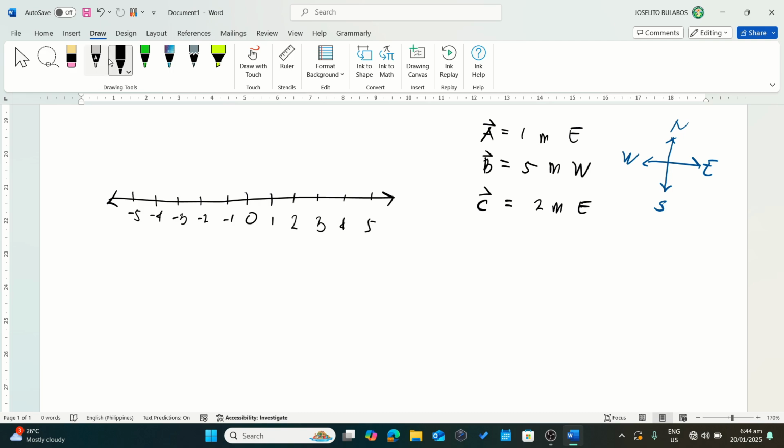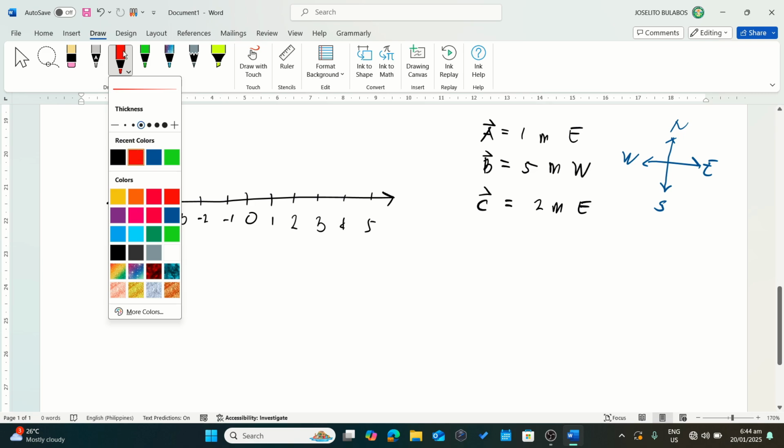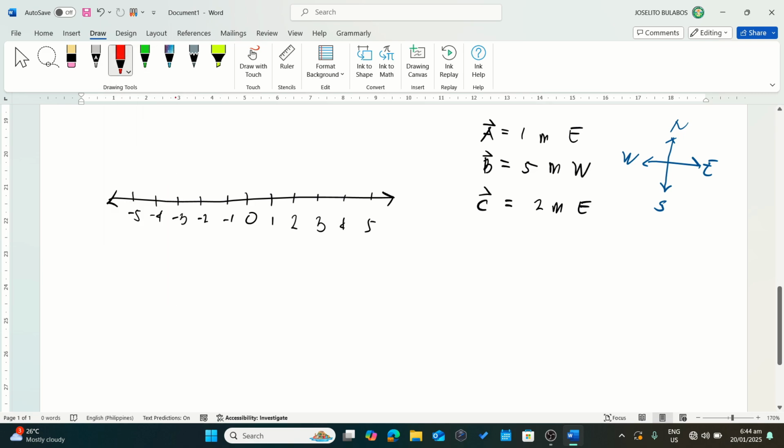Let's start with A. So A is moving 1 meter to east. So from here, it moves 1 here. This will be our A. Next is B. B is moving 5 meters west. So from here, you have to move 5 to the left. So 1, 2, 3, 4, 5.